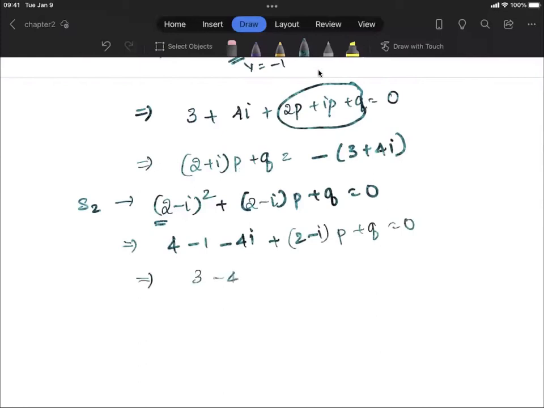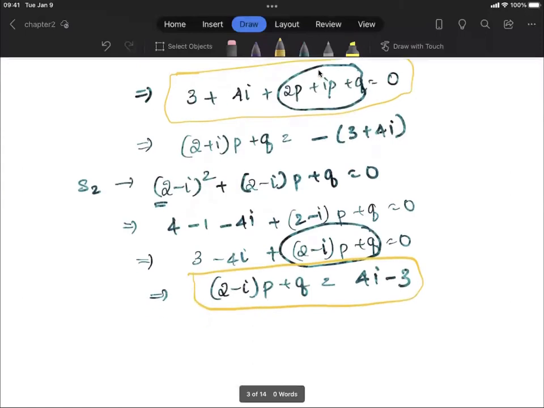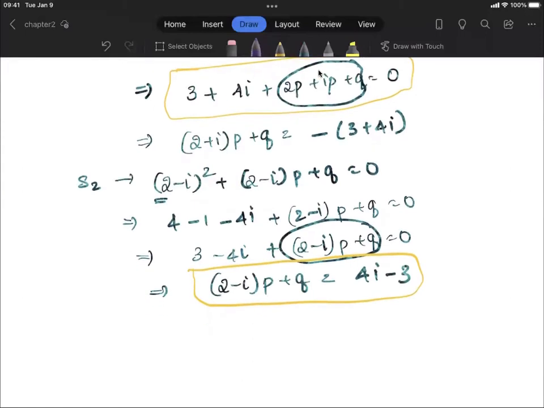That implies 3 minus 4i plus (2 minus i) times p plus q equals 0, or, clubbing these terms together, (2 minus i) times p plus q is going to be 4i minus 3. So we had an equation here, and now we have another equation here. All we have to do is solve these two equations together, right?